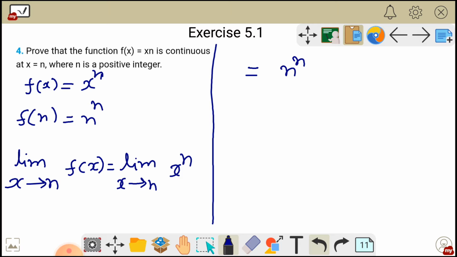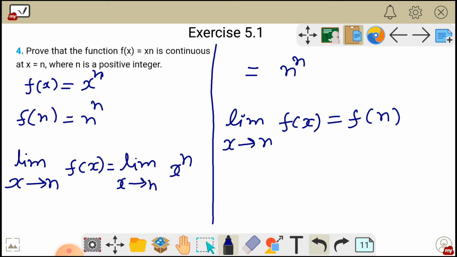So, as you can see, the function satisfies its definition. That is why we can say that limit x tends to n f of x is equal to f of n. Here from this and this we can write limit x tends to n f of x is equal to f of n.